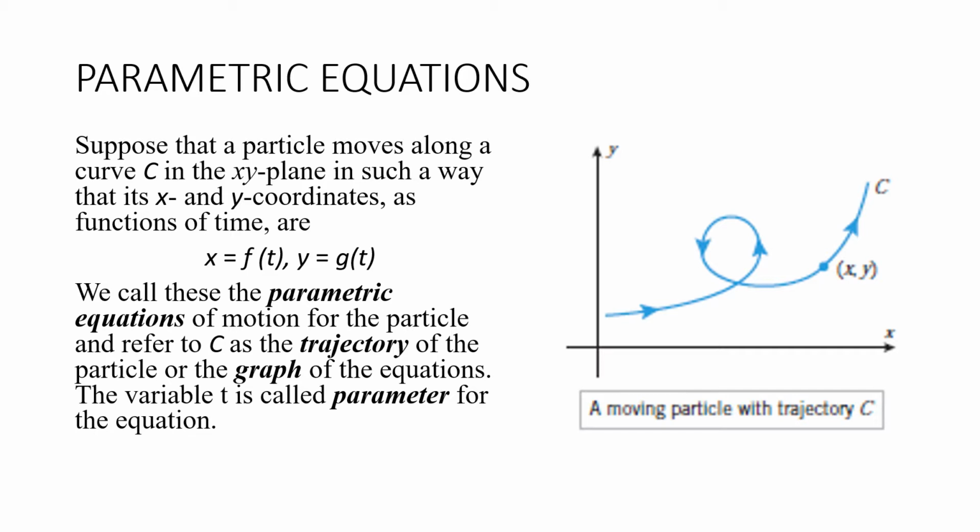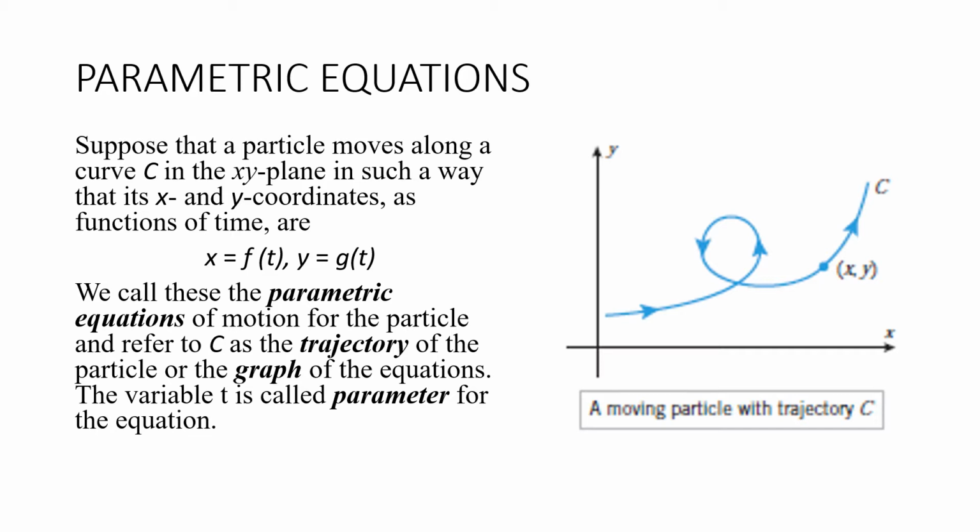Suppose that a particle moves along a curve C in the xy plane in such a way that its x and y coordinates as functions of time are x equals f of t and y equals g of t.